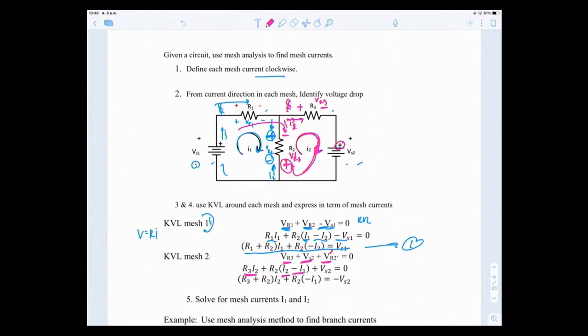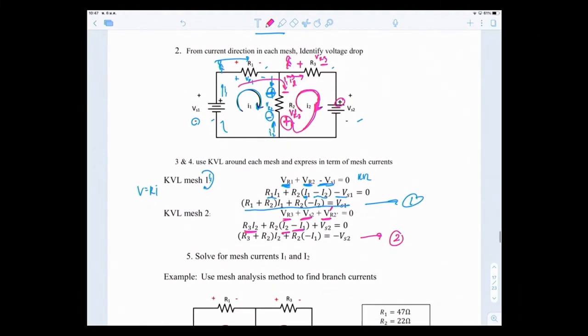So VR2 prime is R2 multiplied by (I2 minus I1), right? Then you factor it together, and this is your second equation to solve the problem. Using these two, you can solve for the mesh currents I1 and I2.